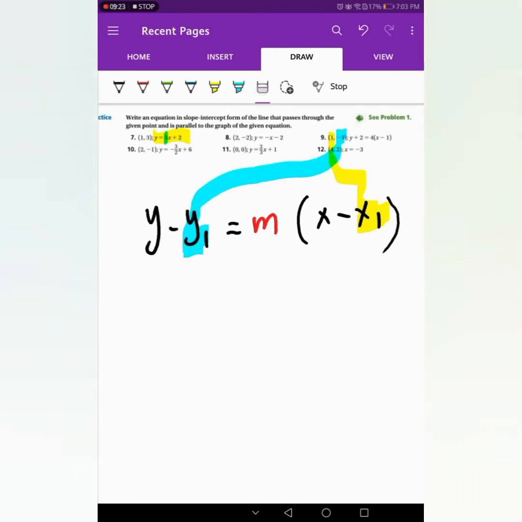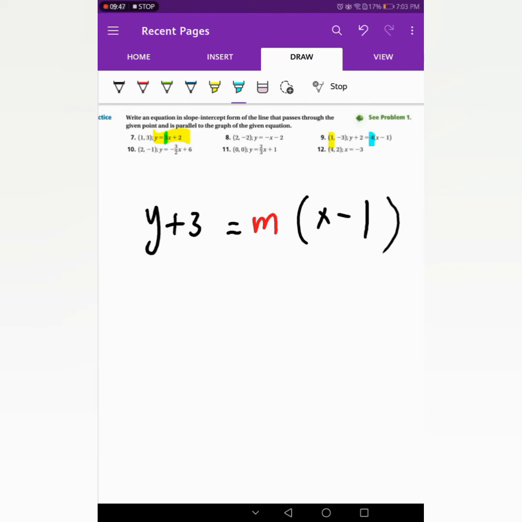Okay, the y1 is negative 3, so it will be plus 3. Bravo. And the x1 is 1, so it will be negative 1. Bravo. And what about m? Actually, this is the slope here. Don't be scared if you write it in the point slope form.